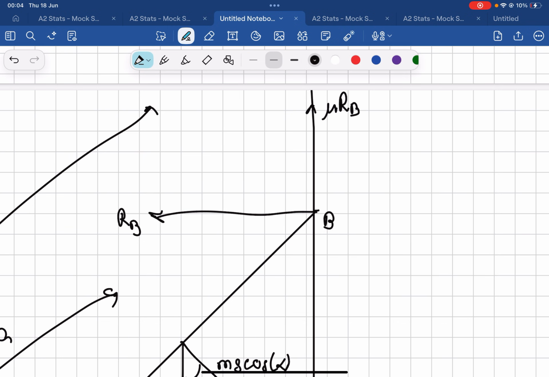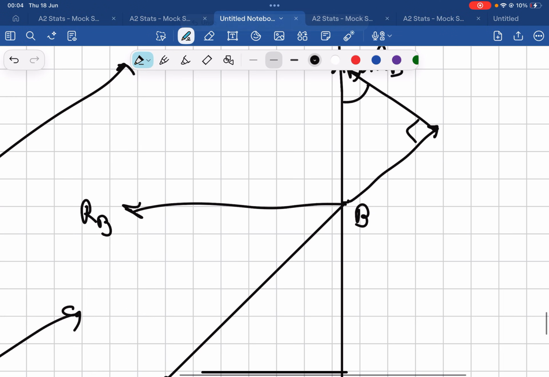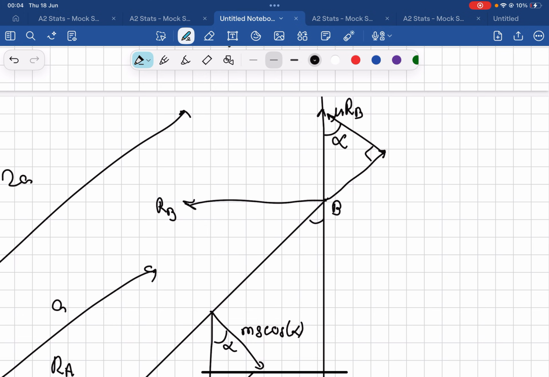Mu RB. And if you check the force out, this angle here is 90 minus alpha, meaning that angle there is alpha. So we have mu RB sine alpha, mu RB cos alpha.